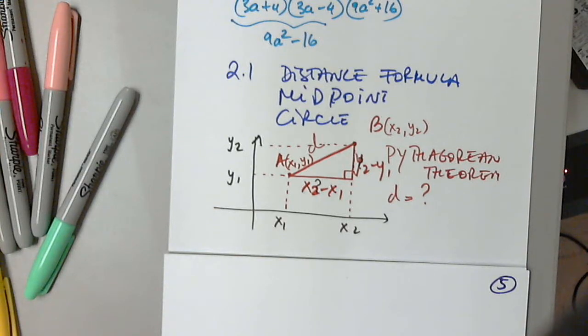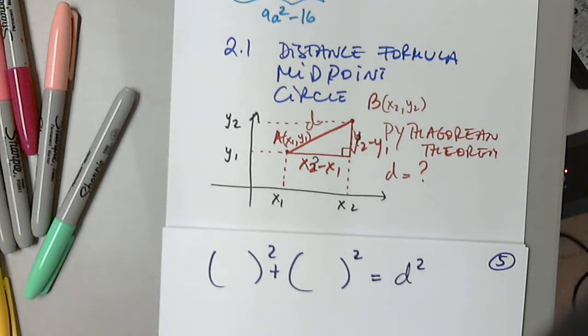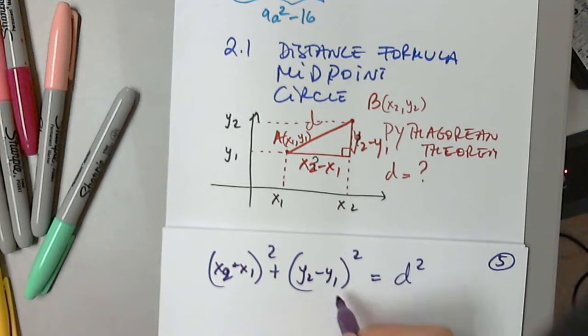So the sum of the legs squared equals the hypotenuse squared, the longest side. The longest side squared is the sum of the squares of the measures of the legs. So obviously, this is x2 minus x1, and y2 minus y1.